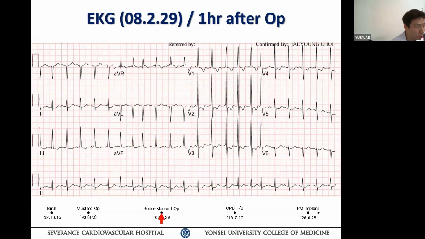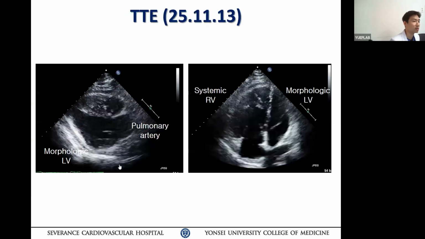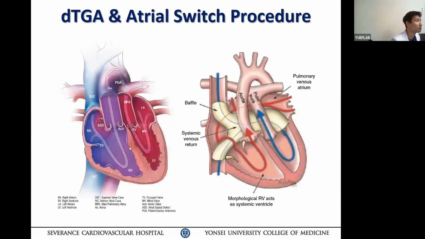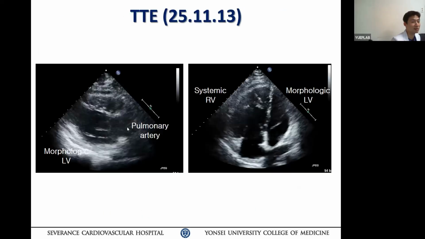It's quite confusing. So the atrial side and ventricular side are switched, right? So the sinus node exists in the right atrium, and the functional left ventricle is on the right side, morphologic RV, right? Yes, that's right. Please match the ECG findings and structure.